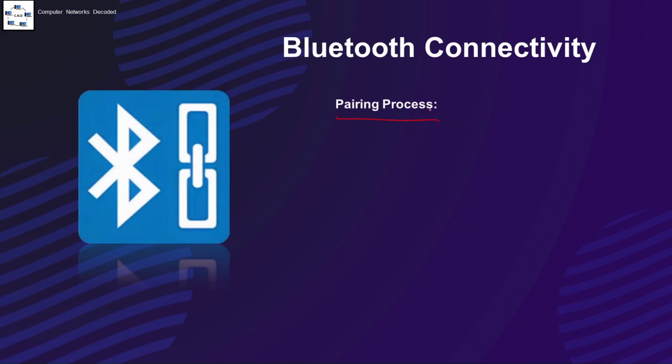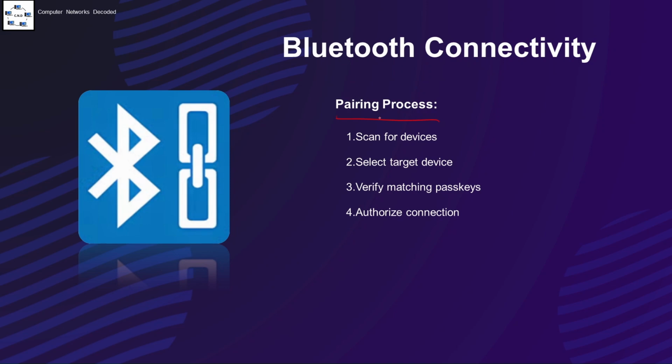The pairing process is pretty straightforward. You scan for devices, then you are presented with multiple devices. You select your target device, and you verify or enter matching keys on each device, and then the connection is authorized and you can use the connectivity between the two devices.